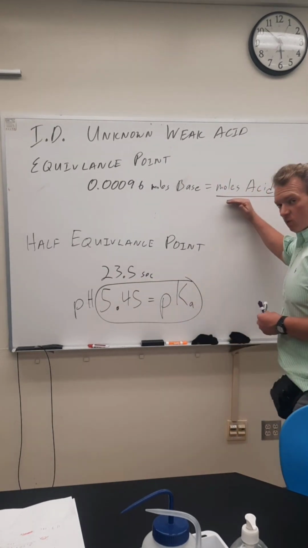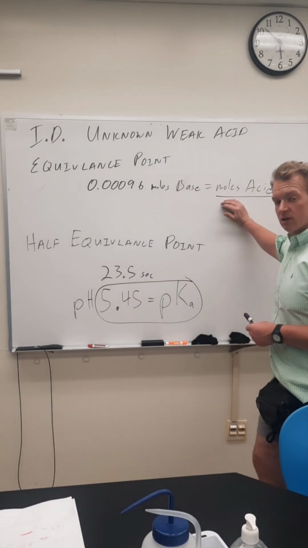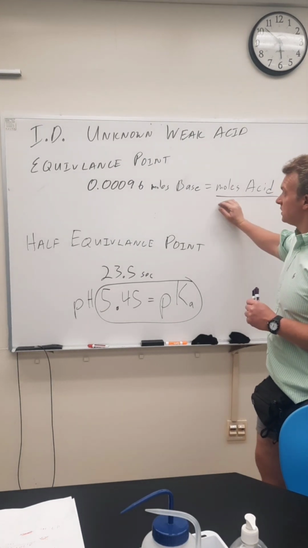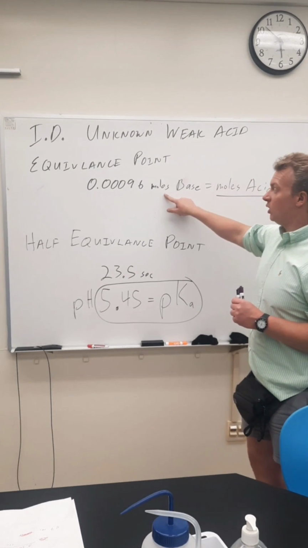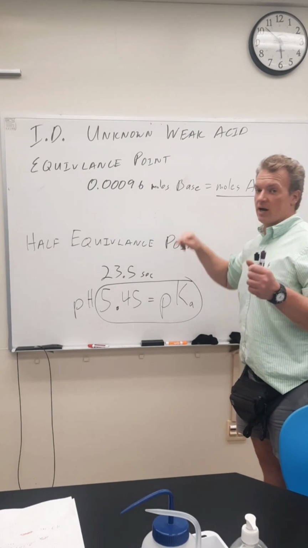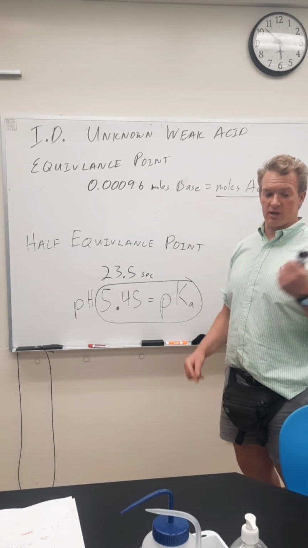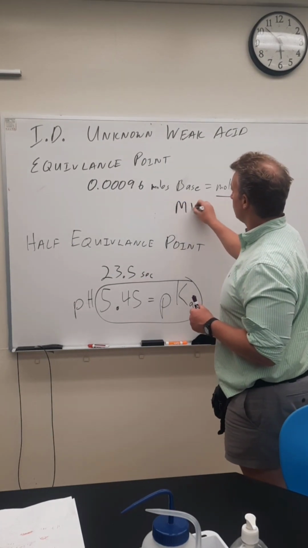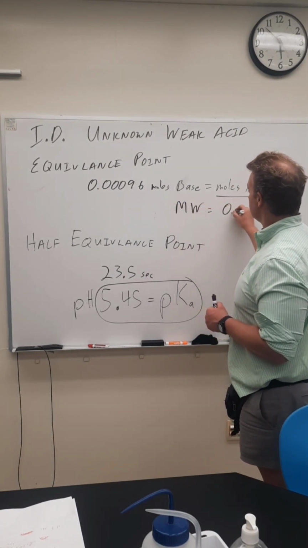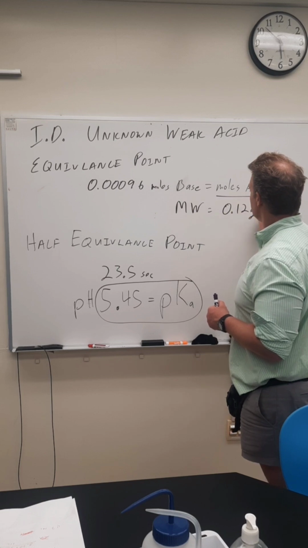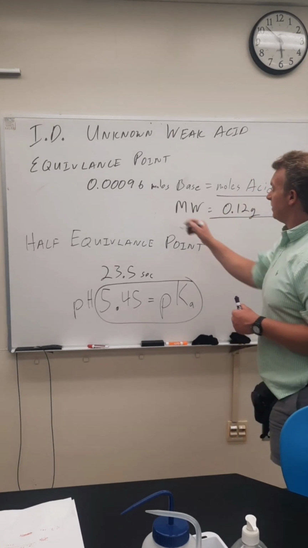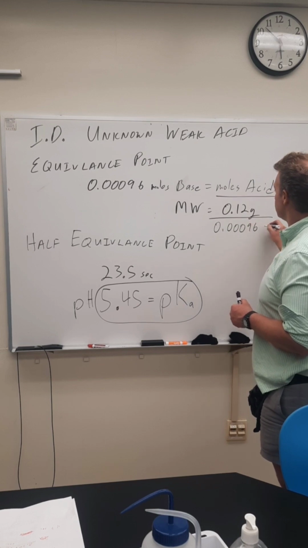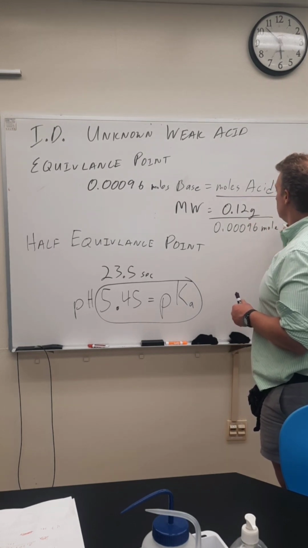The molecular weight of the acid. The molecular weight of anything is grams over moles. I know the moles of acid, and I know the grams of acid because I weighed it out on the scale there. So the molecular weight of the acid is 0.12 grams divided by 0.00096 moles.